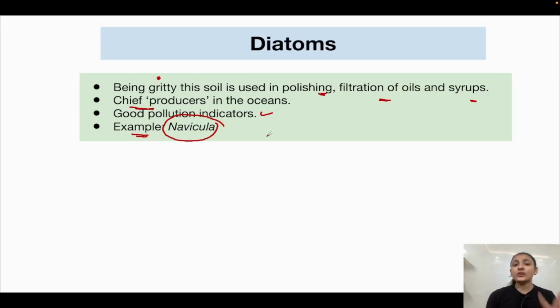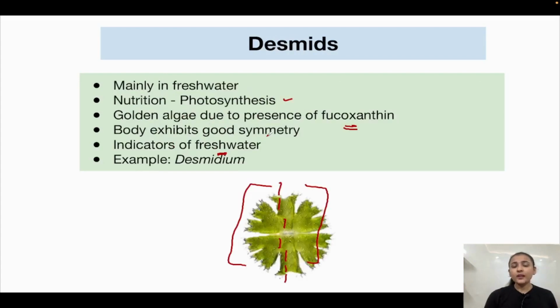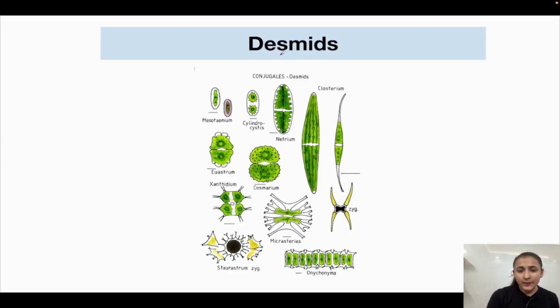डायटम्स की बात करें तो ये good pollution indicators थे, क्योंकि ये भी तभी grow करेंगे जब पानी polluted नहीं होगा. Okay, इसका example हो गया, one of the examples of desmids is Desmidium. अब आप इस figure में देखो कैसे अलग अलग type के desmids you can see. Okay, and all of these show symmetry.